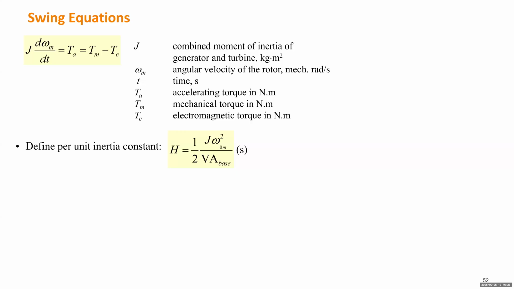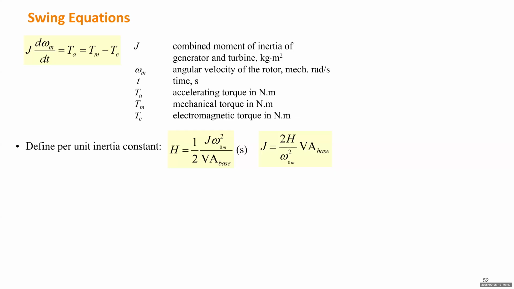Because you divide energy by power, the unit will be seconds. So H is similar to a time constant, even though it's not accurately the time constant of the swing equation, but it shows how large the time constant is for the generator.